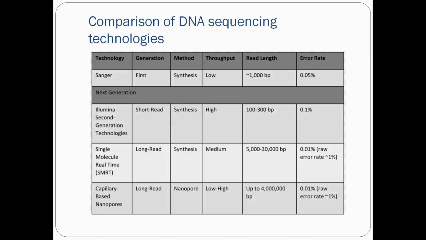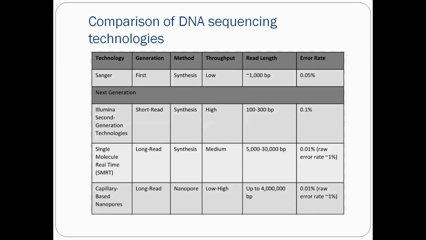If we compare all these DNA sequencing technologies, the first one was Sanger, which is also called the first generation. The method here is also synthesis, but the throughput is low, and the error rate is less. When we talk of next generation sequencing, Illumina gives short reads, and the principle it uses is synthesis.